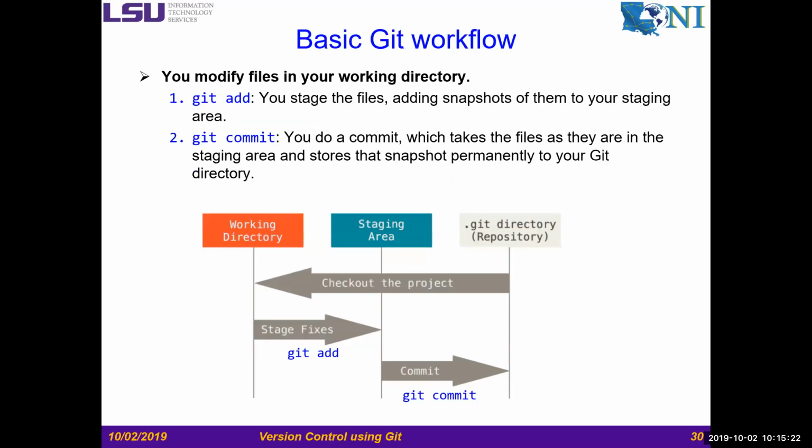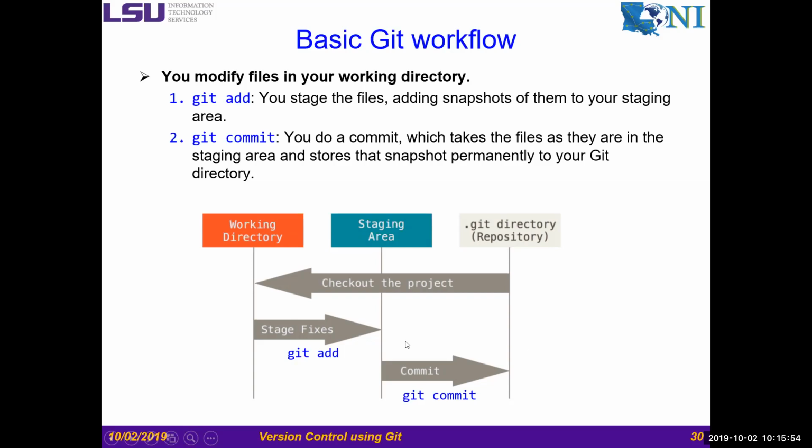Let's review the workflow of Git. Remember the two steps we need to work with: adding and doing a commit. We first do a git add, then we do a commit. When we first add, you add a snapshot of your files to the staging area.